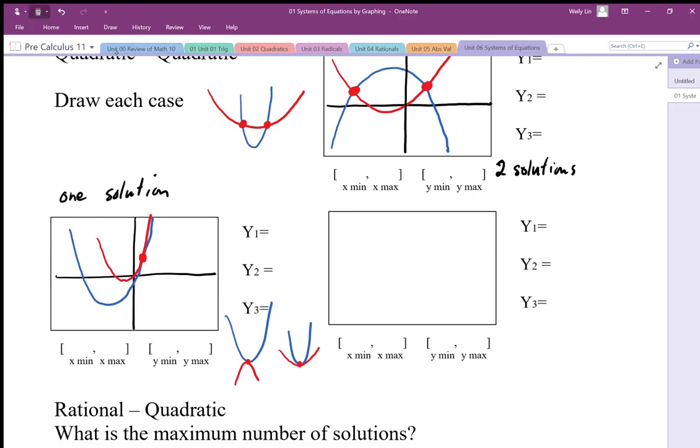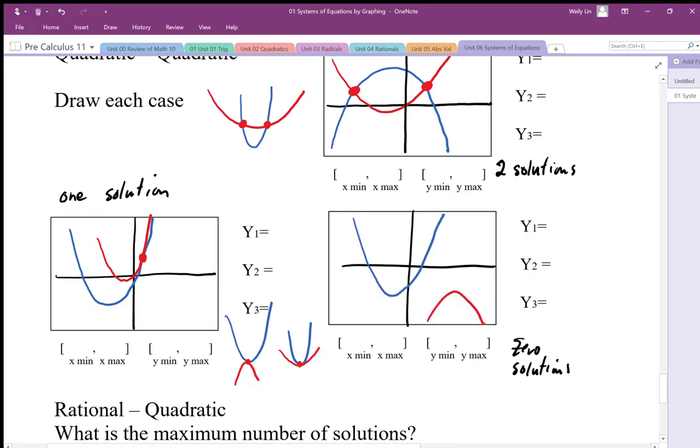And then we have the zero solution case. It is possible to have zero solutions. A zero solution case would be a parabola shaped like this, and another parabola going in the opposite direction. That would be a zero solution.